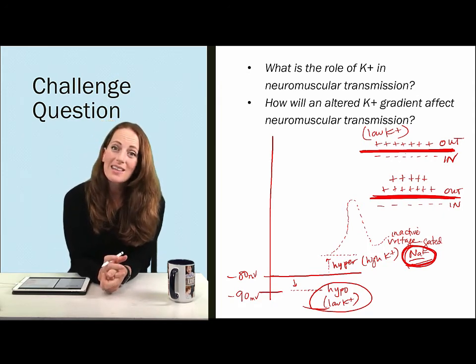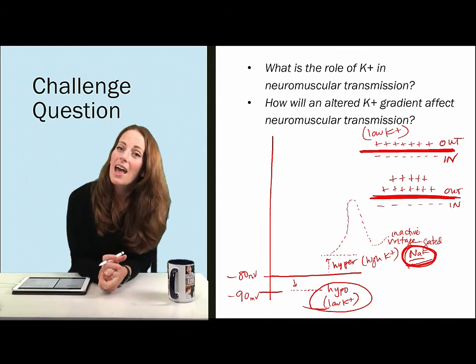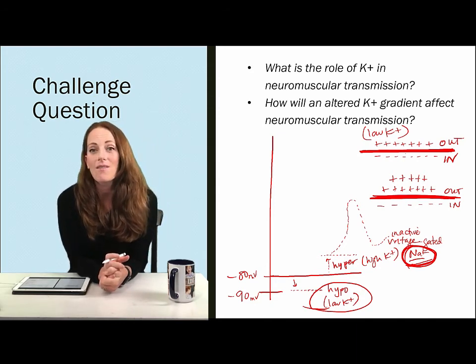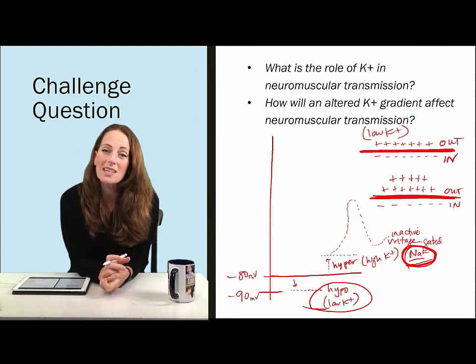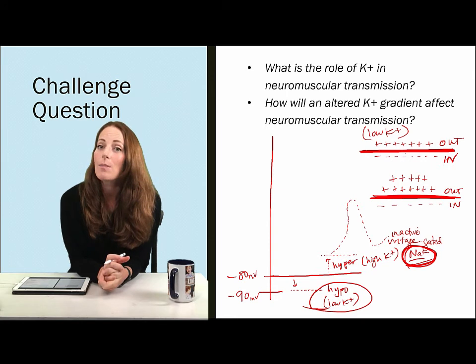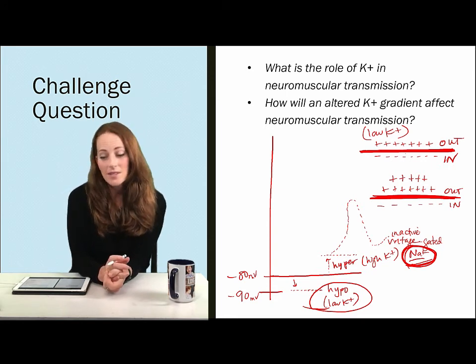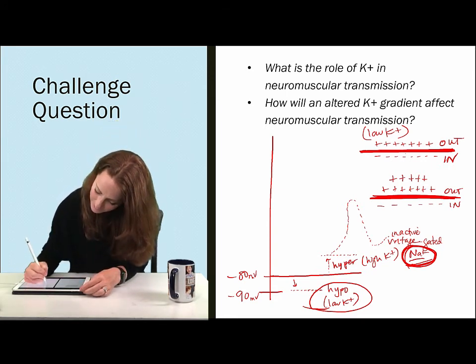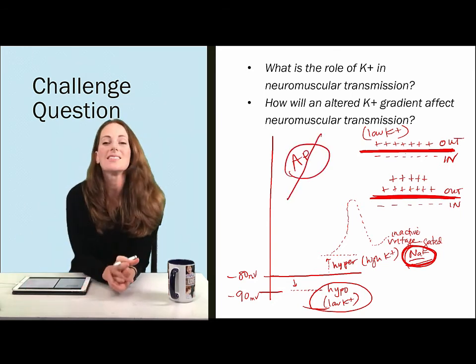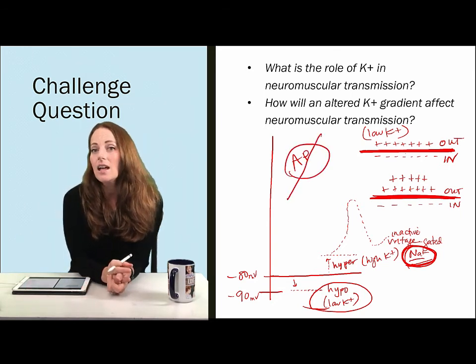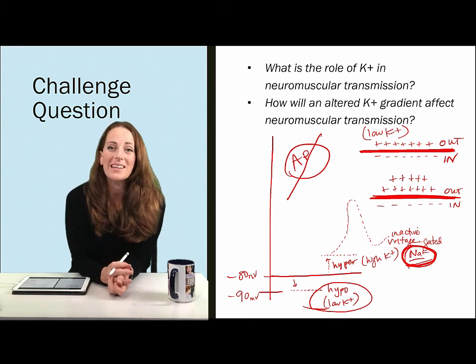And without resetting those sodium channels in that after or repolarization phase, you can't get any further action potentials, meaning that it's also going to be difficult to get action potentials in a hyperkalemia state. So in either case, your ability to generate action potentials is going to go down, and you will have muscle weakness.